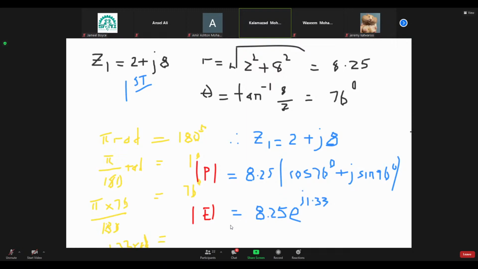Okay. Let's see if we can figure out the second one, which is Z2, 1 minus J. Ooh. Let's see, that's tricky.